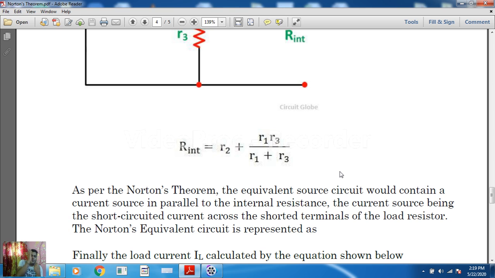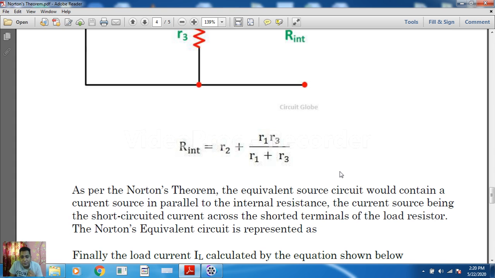The first step, we found the equivalent current of the circuit, which will act as a current source. In step 2, we found the equivalent resistance of the circuit independent of any source, viewing from the open load terminal. That will act as a parallel resistance to that current source.